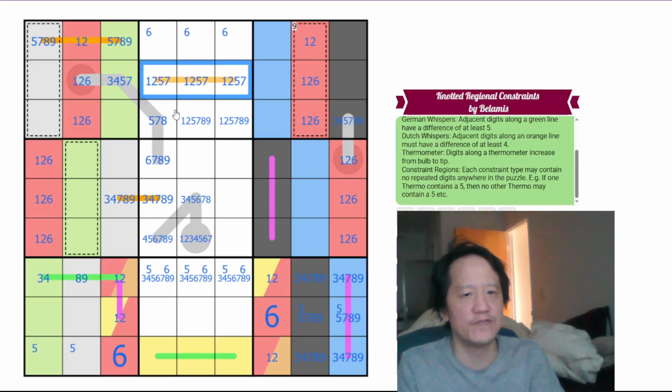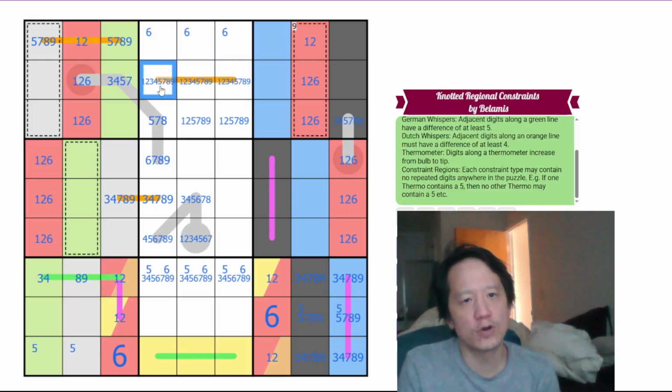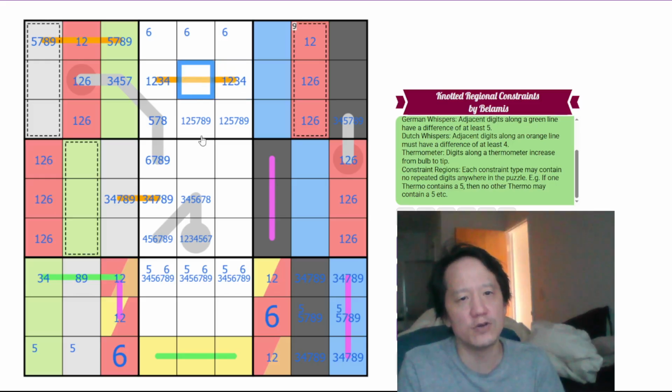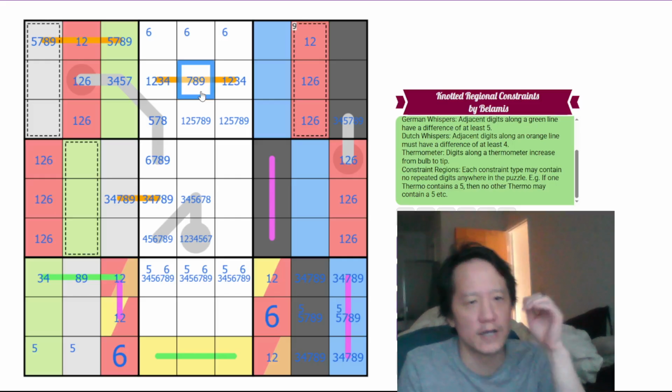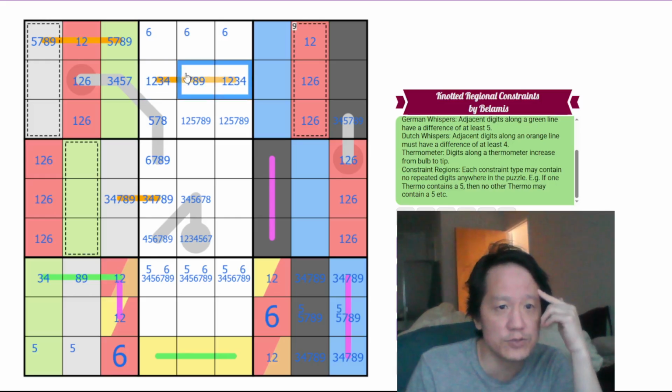So this has to be 5, 7, 8, 9 with 3 or 4. One of these is 3 or 4. 1 and 2 cannot be next to 3 or 4, so it has to be 1, 2, 3, 4 on the outside, and you can't have 5 here, it has to be 7, 8, and 9 on the inside. Because 5 can only be next to 1 and 9. One of these is 3 or 4, the other 3 or 4 has to be here.